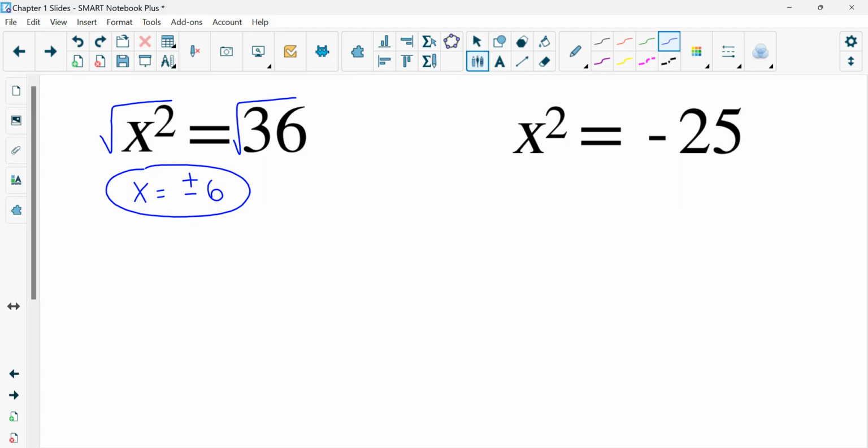Now, when we look at the second one over here, before about this week or early last week, we'd say you can't do that. There's no number squared that gets you negative 25, because you can't take the square root of a negative. But now that we know about imaginary numbers, we can say the square root of negative 25 I can break down as the square root of 25 times the square root of negative 1.